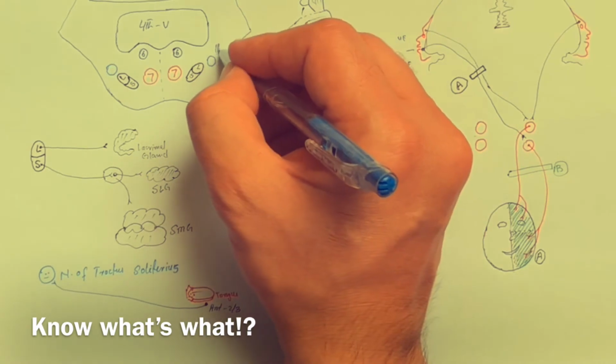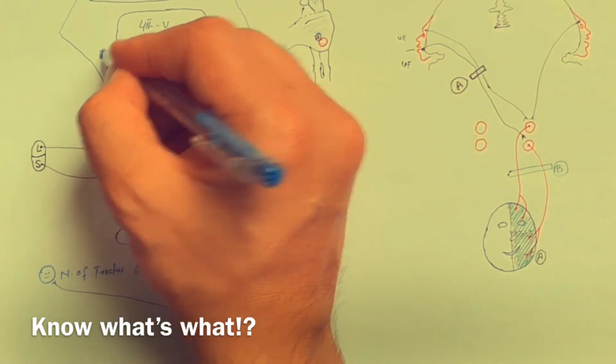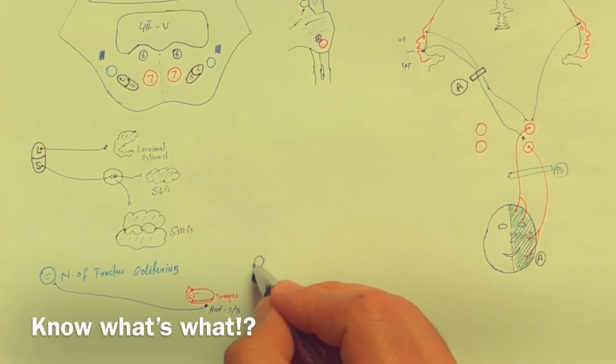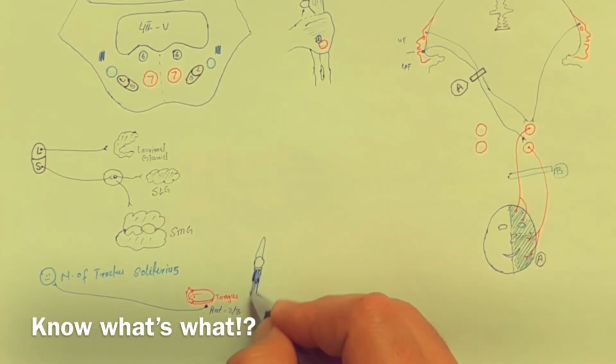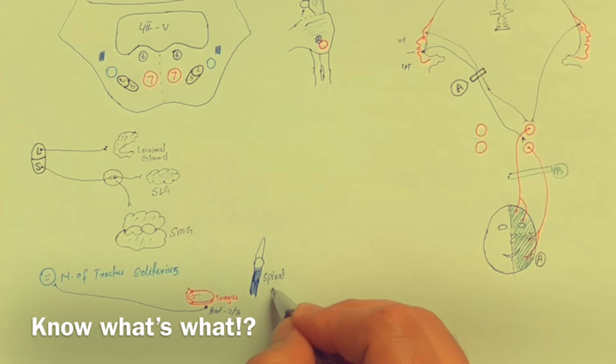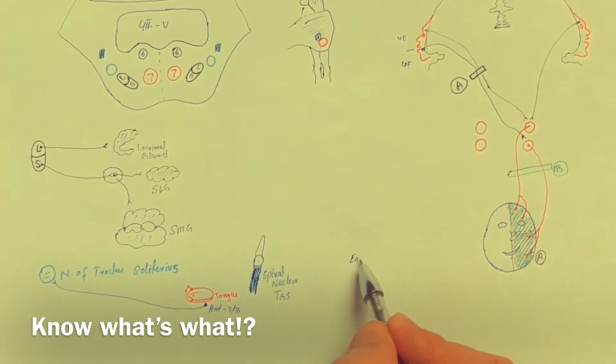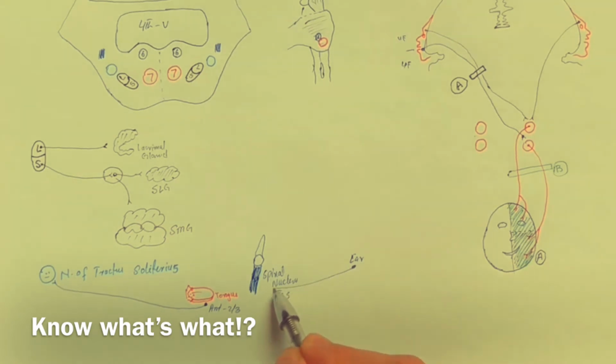If we look at one more nucleus and the fibers, it is the spinal nucleus of the trigeminal system, and it receives the fibers from the ear, the auricle, the external auditory meatus or the tympanic membrane. It receives the pain and temperature.